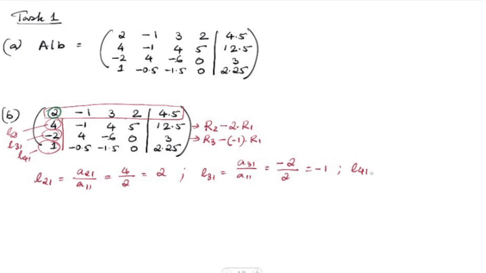L41 is equal to A41 divided by A11. A41 is 1 divided by A11 which is 2, and that gives us 0.5. So the row operation for the fourth row will be row 4 minus L41, which is 0.5, times row 1.